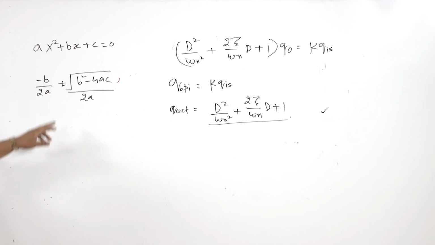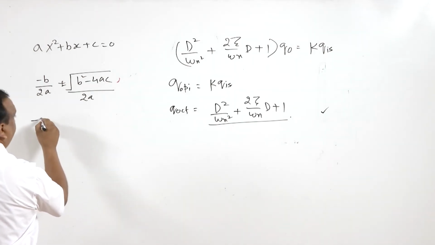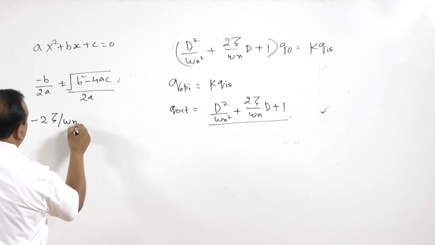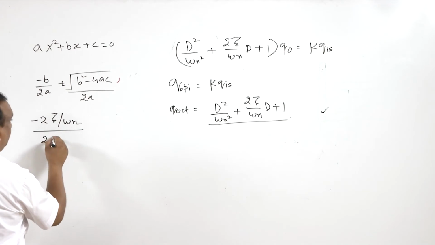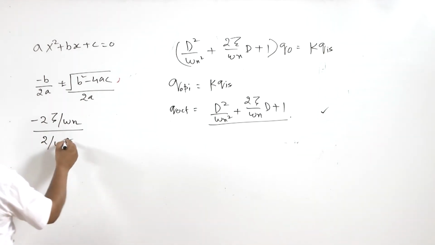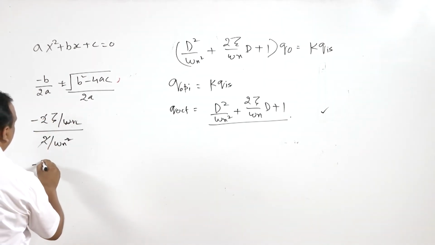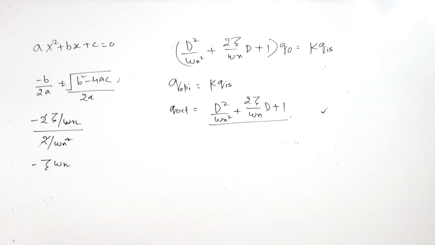One root is with plus and the other with minus under the root. Here b is 2 zeta by omega n, so minus b is minus 2 zeta by omega n, and 2a is 2 by omega n square. So omega n will be cancelled out, 2 will also be cancelled, and it will be minus zeta omega n. This is minus b by 2a.